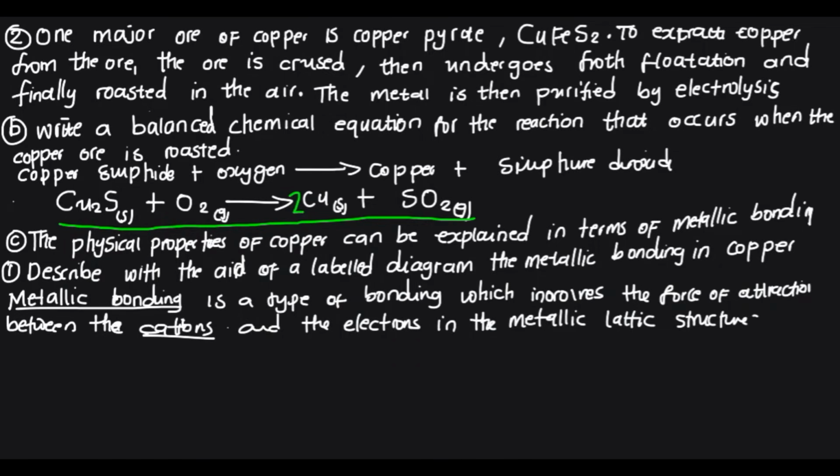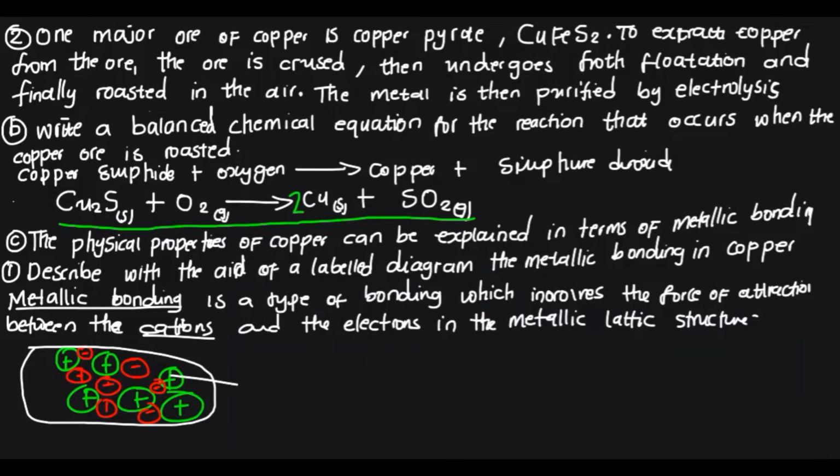So let's see how we can draw this diagram. We just have to draw the positive, then positive, positive, positive. Then from there we can indicate the negative. This is how you draw the bonding in metallic bonding. You just have to show the positive and the negative.